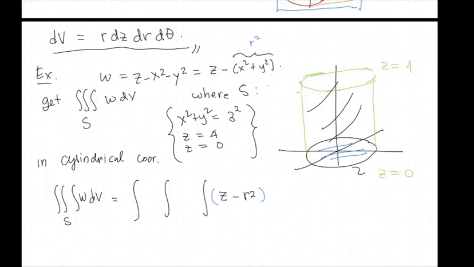Okay, and then write your r dz dr d theta. Of course, your z will start from z equal to 0 and end with z equal to 4. Your r will start from 0 to 3 because this is starting from 0 up to this point here, which is r equal to 3. And your angle will run the entire circle, so it's just 0 to 2 pi. Okay?